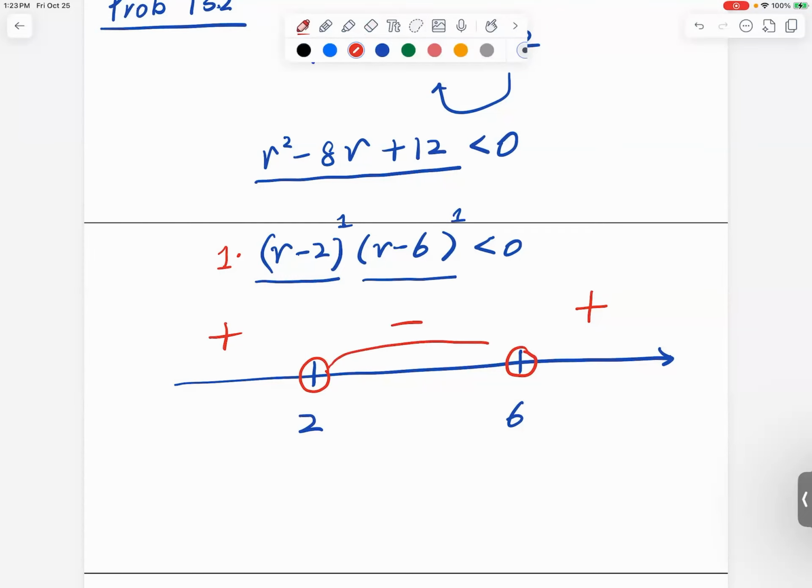The solution is from 2 to 6. So r less than 6, bigger than 2. Or using interval notation, parentheses from 2 to 6. Parentheses means the boundary points are not included. Okay, and this means inside, belong to.